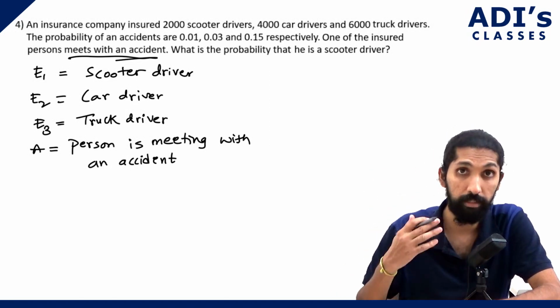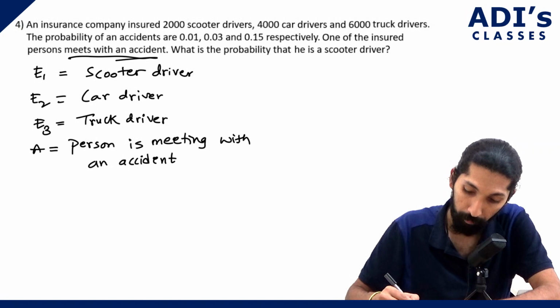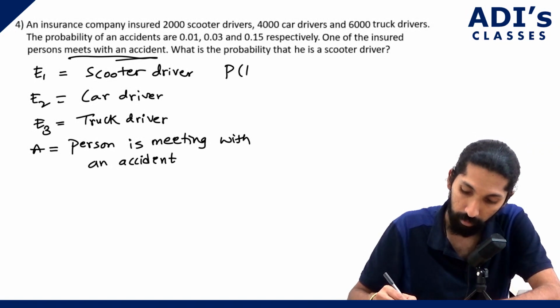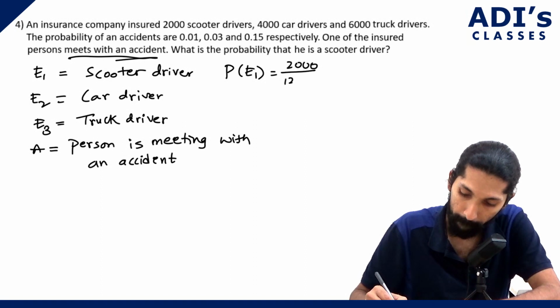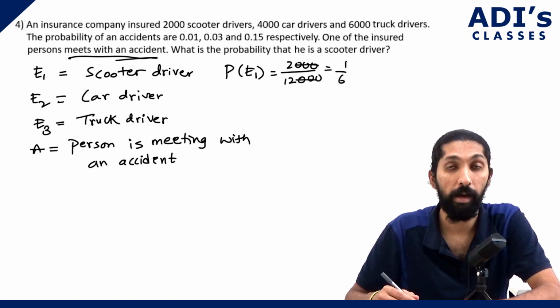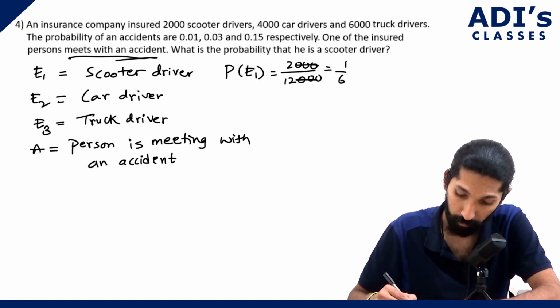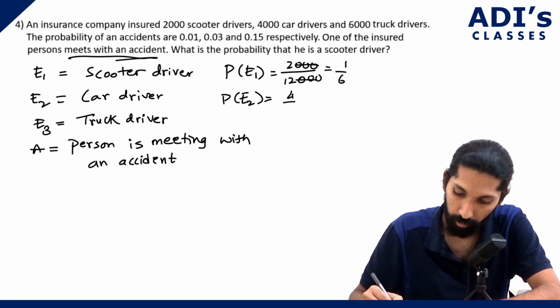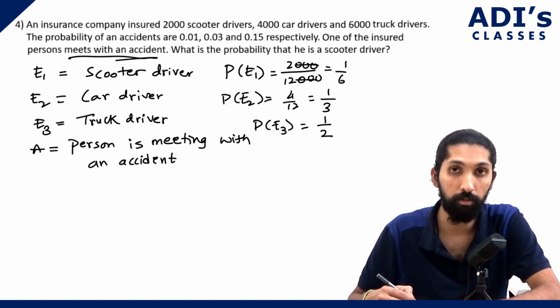So we can easily say that probability of E1 is going to be 2,000 by 12,000. That's 1 by 6. I hope all of you have understood. P of E2 is 4 by 12. That's 1 by 3. Then P of E3 is going to be 1 divided by 2 because 6,000 out of 12,000.